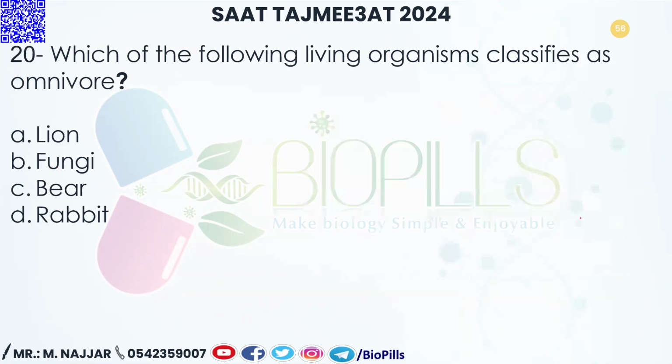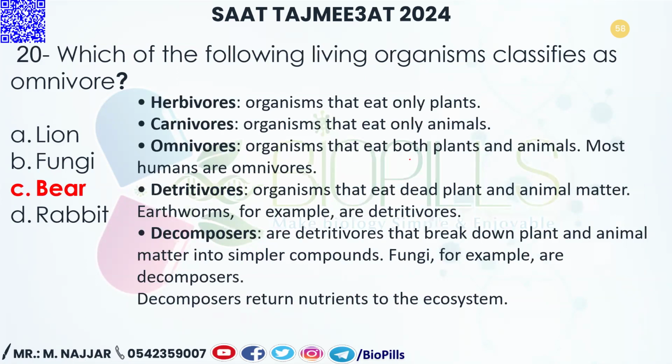Okay, question number 20. Which of the following living organisms classifies as omnivore? Omni means eating both plants and animals. Which of those is, yeah, pear. Exactly, very easy. Pear is an omnivore. And here is the difference between the herbivore, plant eaters, carnivore, meat eaters, omnivore, eating both.